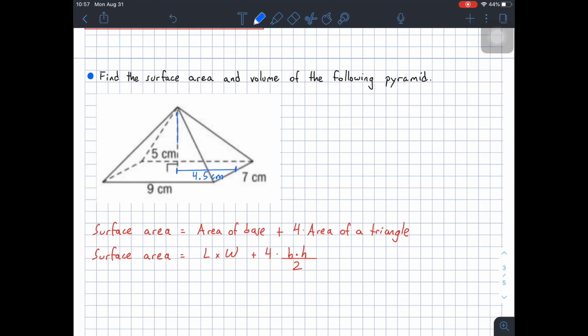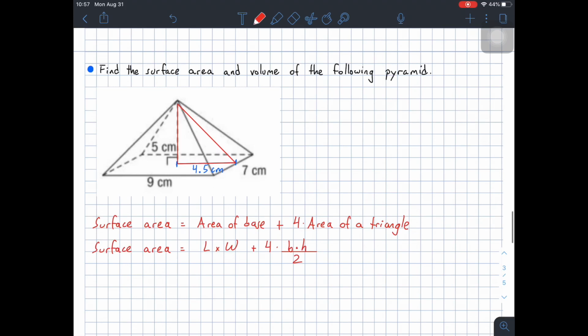So then, if I work with this right triangle over here, we can apply the Pythagorean theorem. Let me draw that triangle. There's a right triangle right here. So we can find this side by applying the Pythagorean theorem. We're going to say that this is the height of the triangle, right?